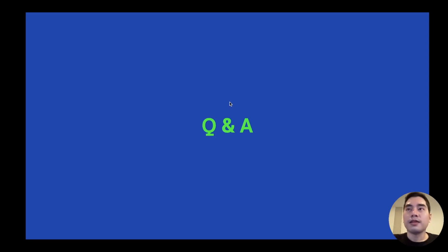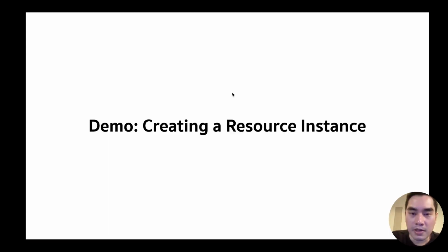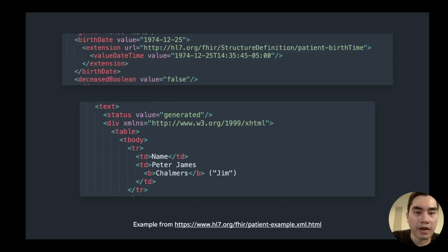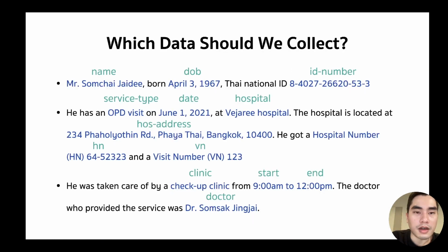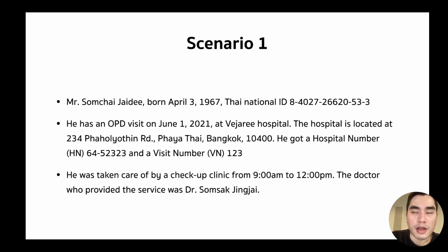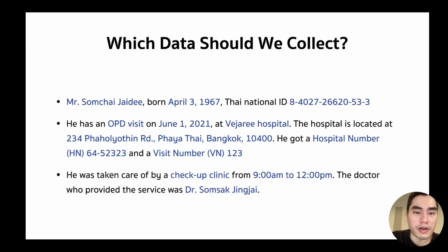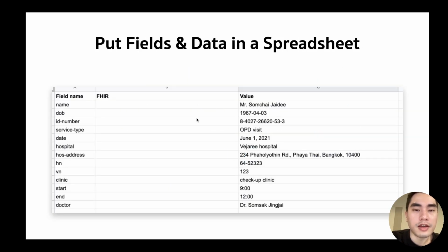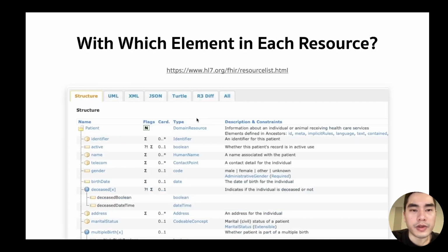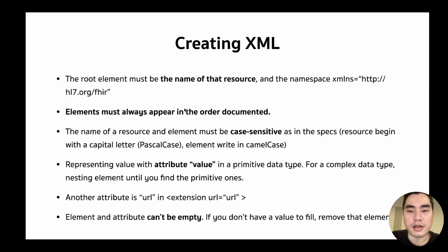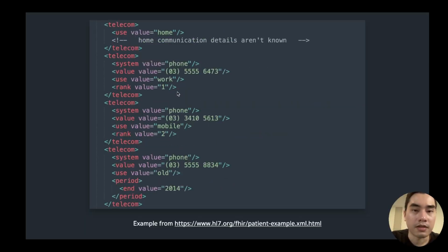Okay, so in this session, let's recap a little bit. I designed two scenarios and I demonstrated the process of mapping the data from a local dataset to FHIR and demoed how to create a FHIR resource in XML and in JSON.